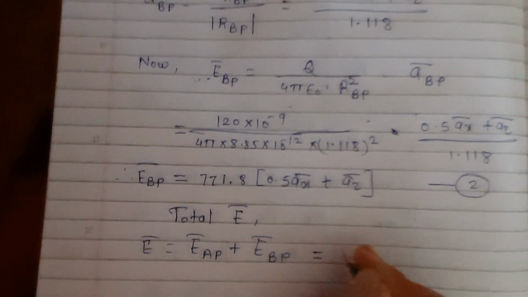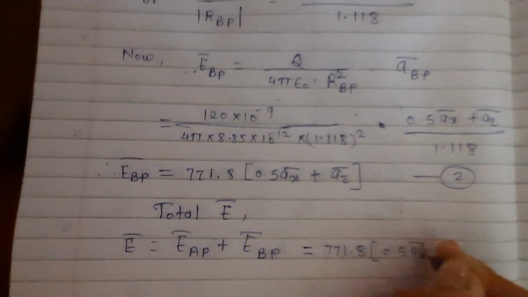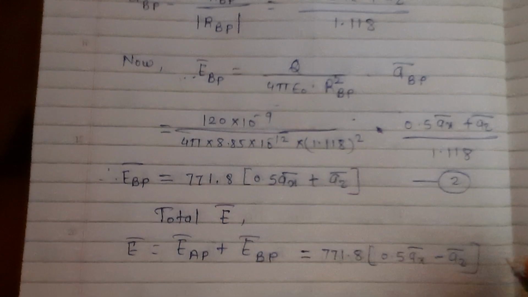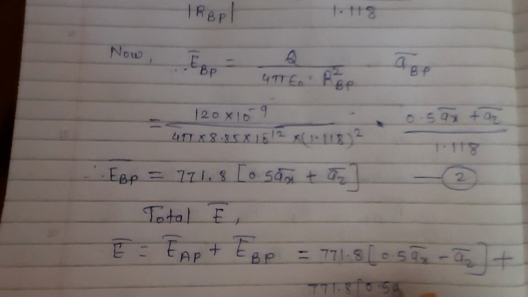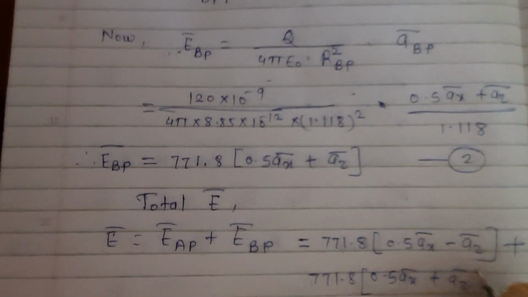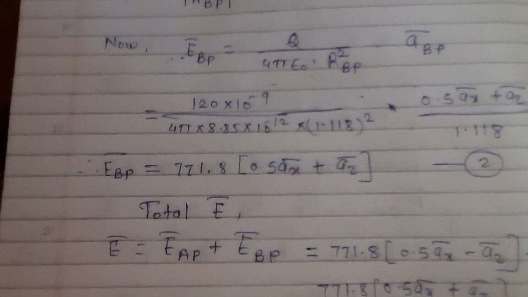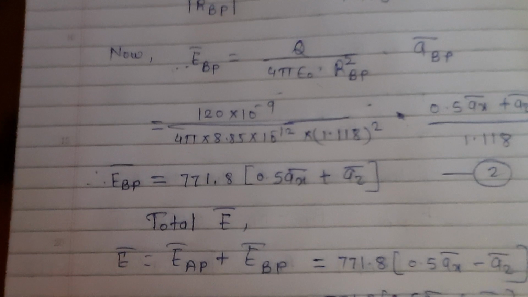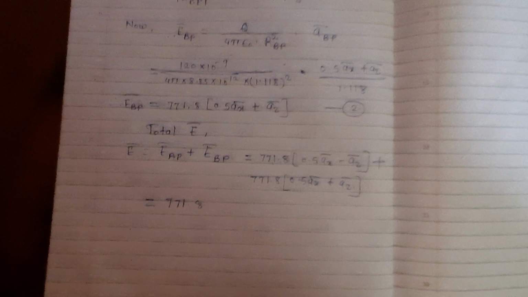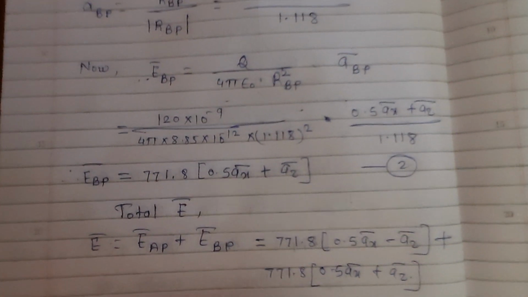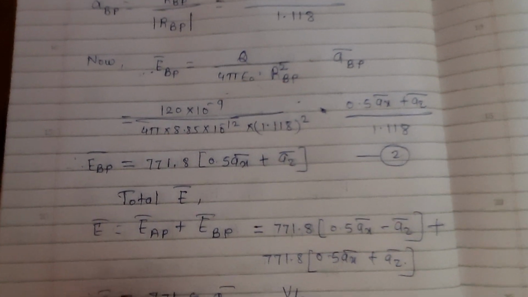So we add both the terms, 771.8 into (0.5 ax bar minus az bar) plus 771.8 into (0.5 ax bar plus az bar). So the az term gets cancelled and the output is 771.8 ax bar. This is E bar.